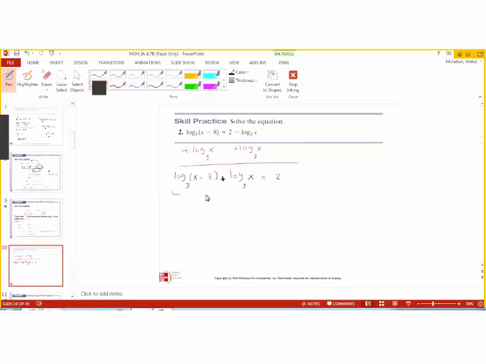How do you combine it? Can you put the x in the front or no? No, this one, let me write down the formula so you can remember. Log of x plus log of y, that's the same as log of xy. Do you remember that?